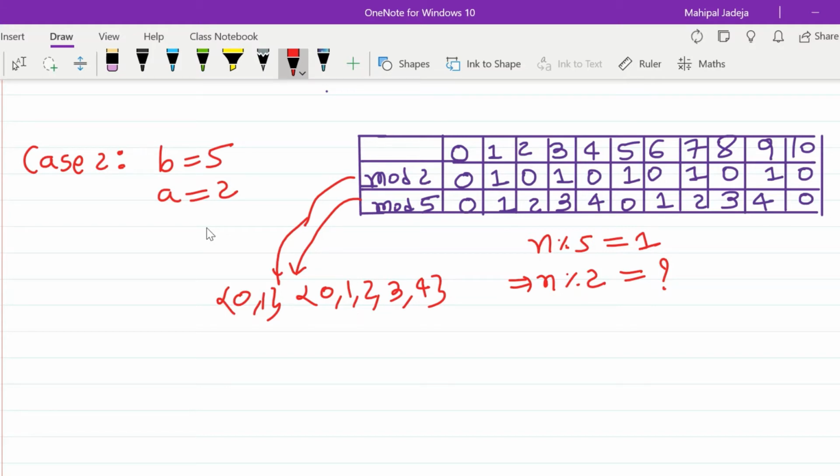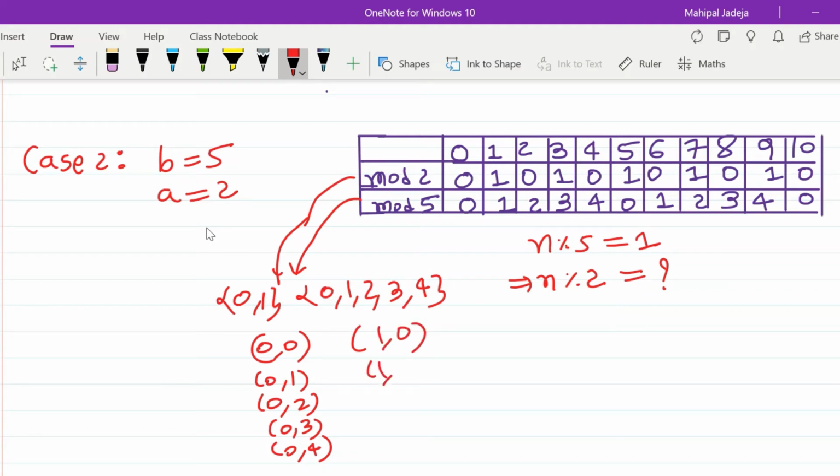Okay, so now let's analyze. With respect to this, there are several possibilities. So let me just list it down: (0,0), (0,1), (0,2), (0,3), (0,4), and with respect to 1, we'll have similar possibilities of remainders, right? So basically, I'm just listing down these pairs.